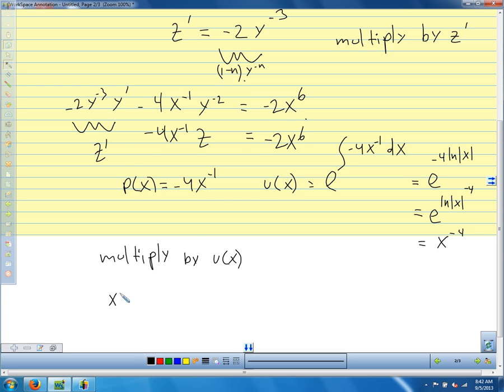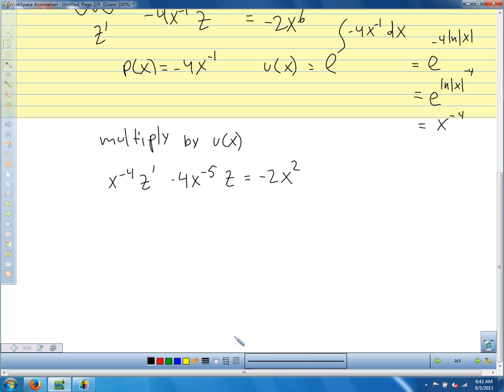So I get x to the minus 4 z prime minus 4 x to the minus 5th z equals minus 2 x squared. I could go directly to my formula for the solution from here. I like to redo this as the derivative of a product. This is x to the minus 4 z, prime, equals minus 2x squared.